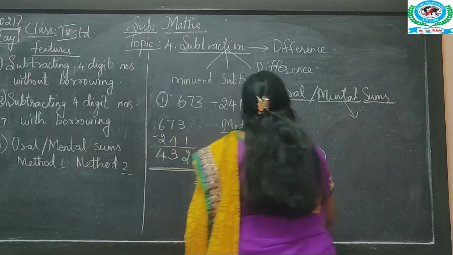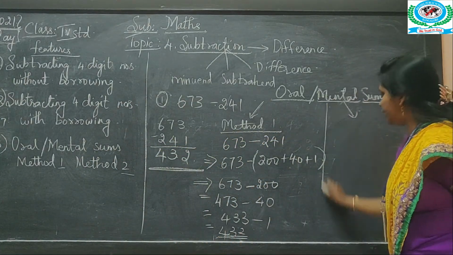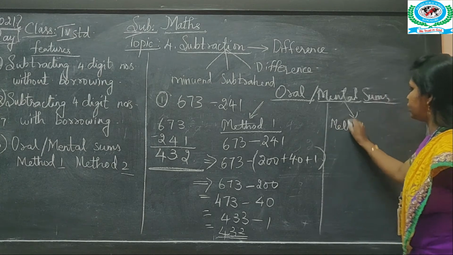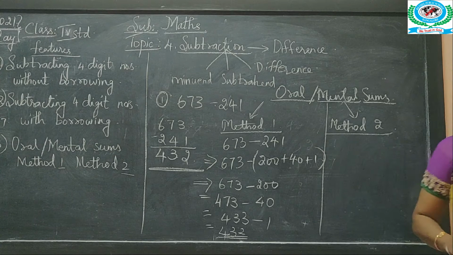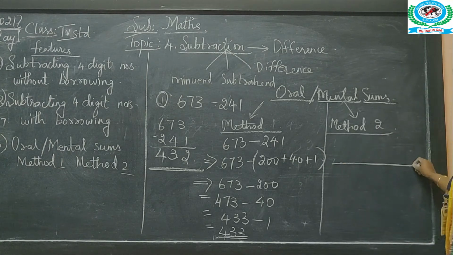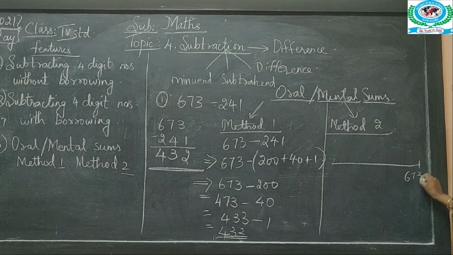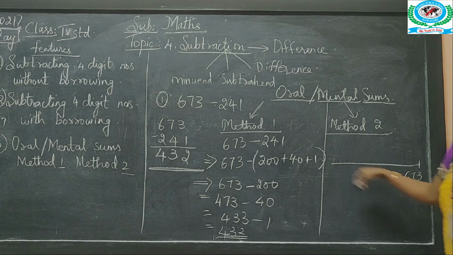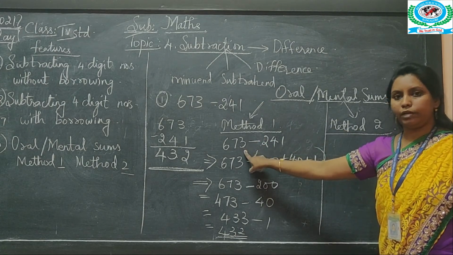So the next one is method 2. In method 2, we have a number line. Okay. First we start from 673, the minuend. This is called the minuend, isn't it?